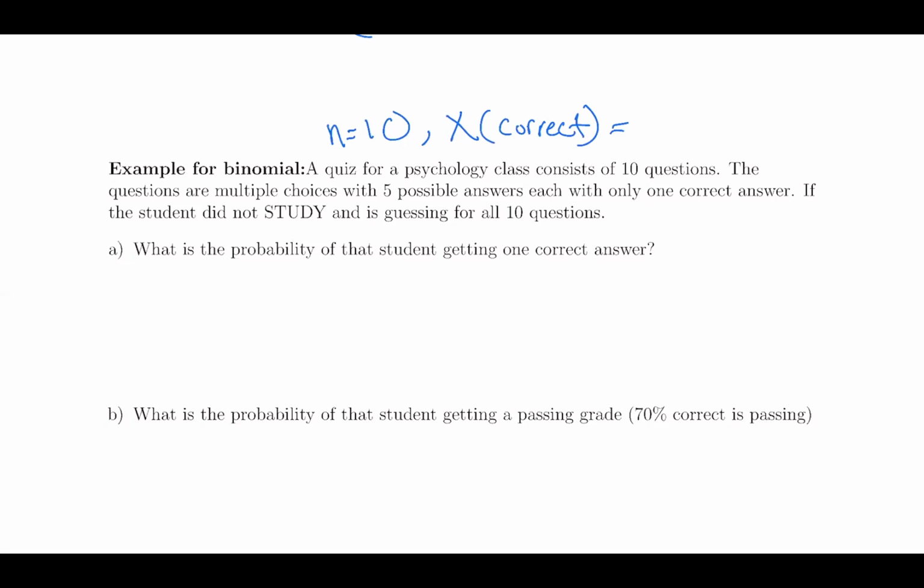So X will represent how many correct answers they get. Let's try finding the probability of them getting a correct answer. So we'll put P. Cool. For this multiple choice quiz, how many options does each question have? 5. Yeah, so it has 5 possible answers, so that means it's divided by 5.